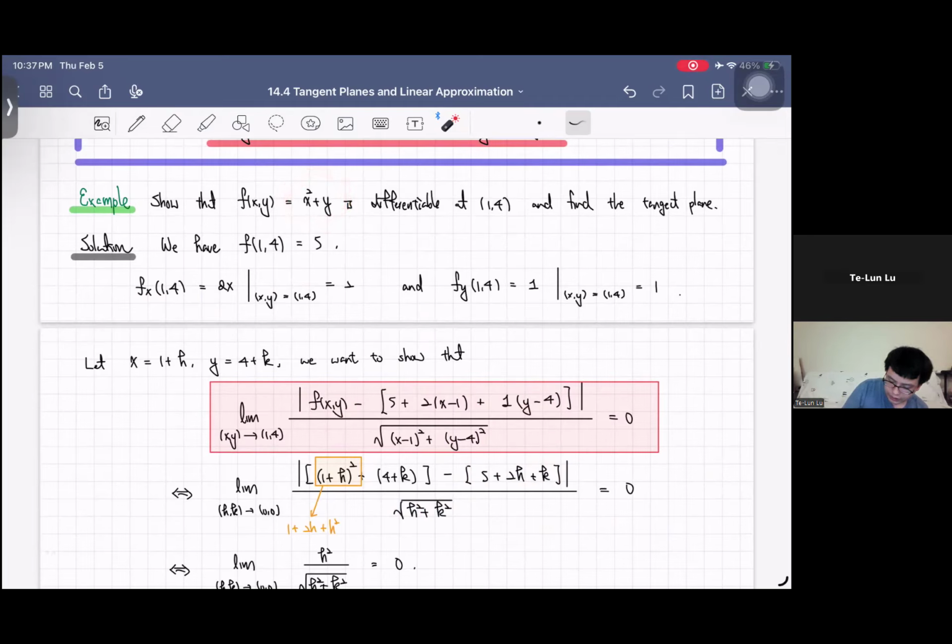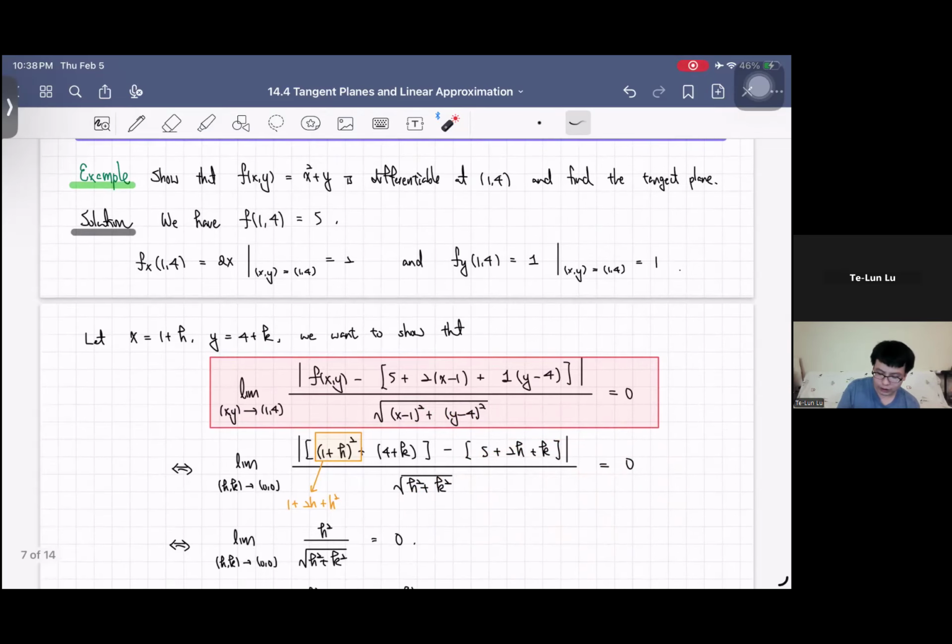Since x minus 1 is h, x is just 1 plus h, right? And similarly, when y minus 4 is equal to k, y is 4 plus k, directly by definition.